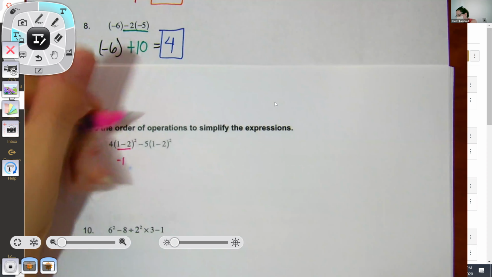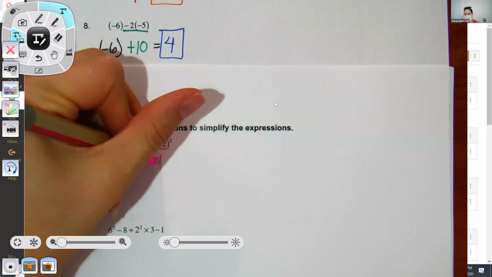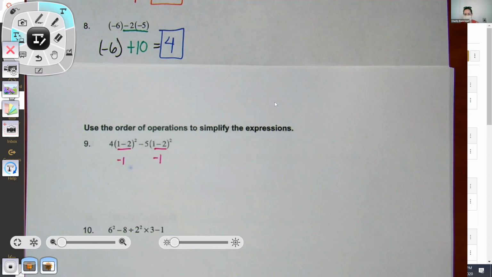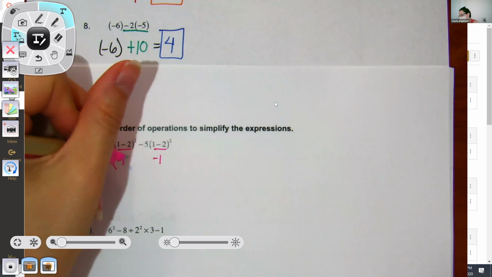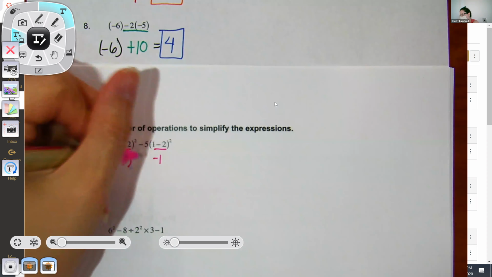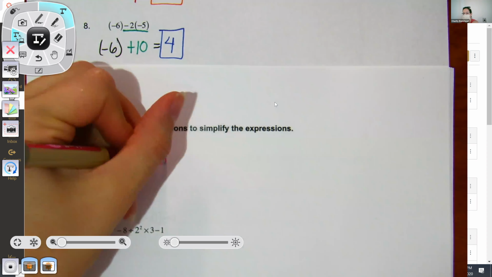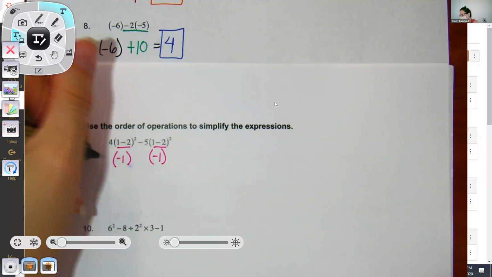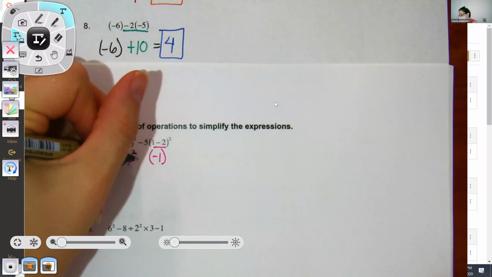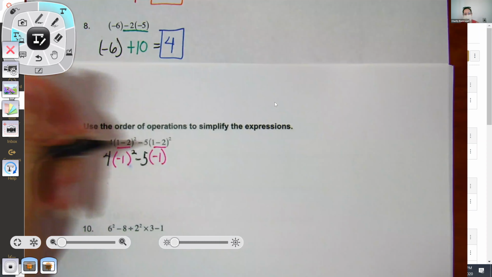I have 2 different sets of parentheses that both have 1 minus 2, so they're both going to be -1. Partially because they're negative, I'm going to keep parentheses around those and bring the other stuff down. So it's 4 times -1 squared minus 5 times -1 squared.